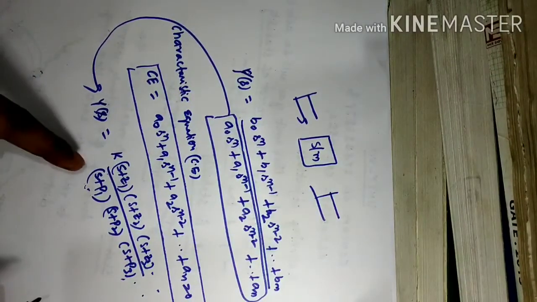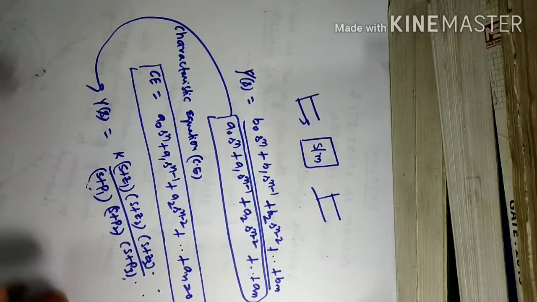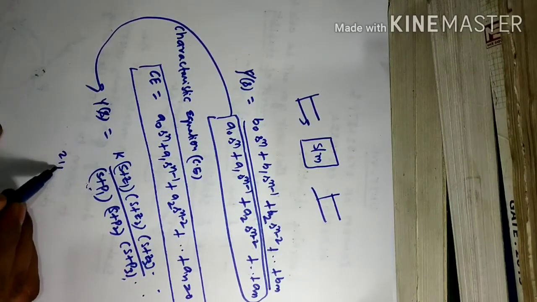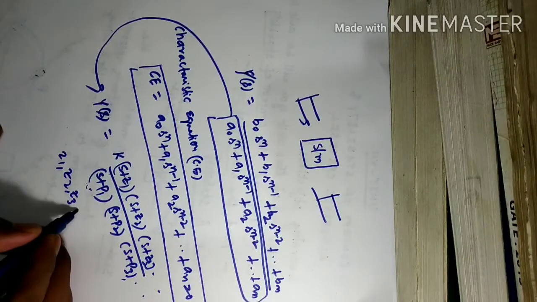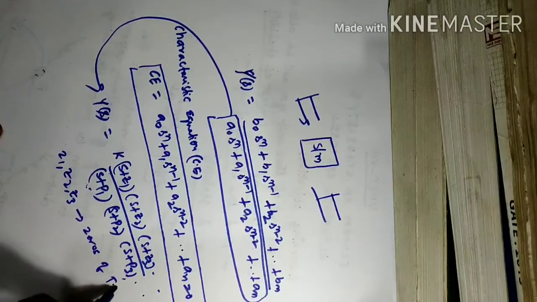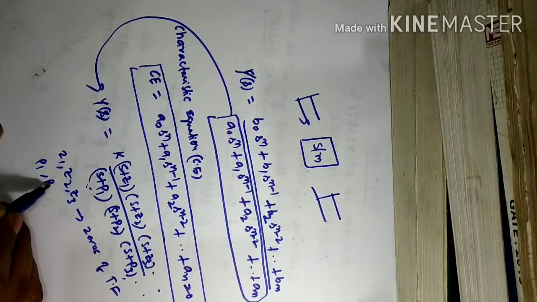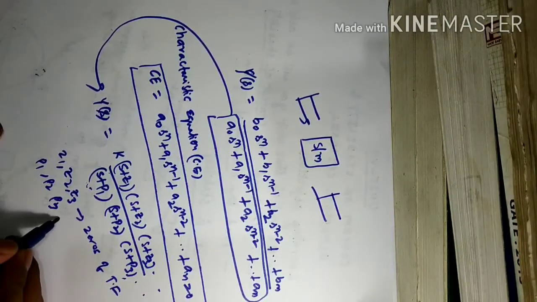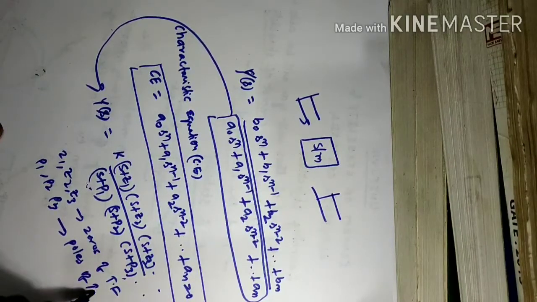After converting this into partial fraction expansion, here z1, z2, z3 we call zeros of the transfer function. Here p1, p2 and p3 we call poles of the transfer function.